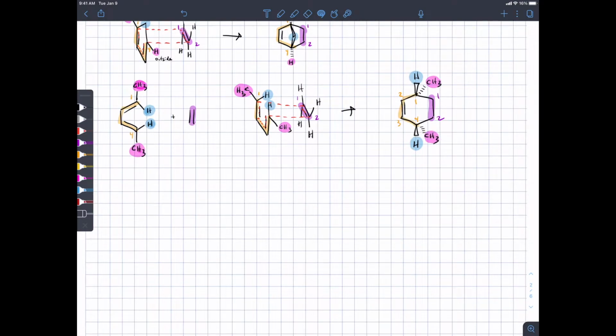Let's illustrate that. Again, the point is that the inside stuff stays cis to each other and the outside stuff stays cis to each other by changing the stereochemistry of the diene.